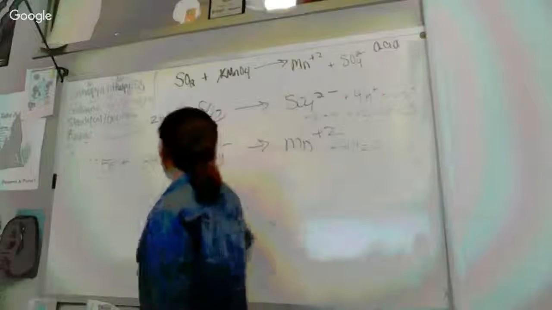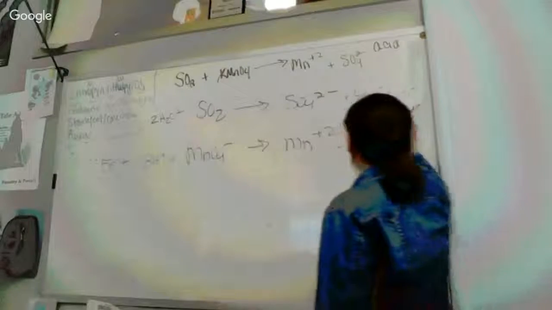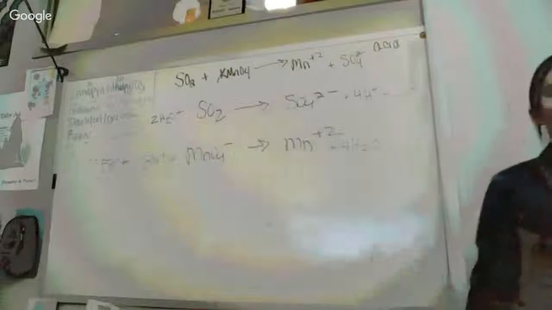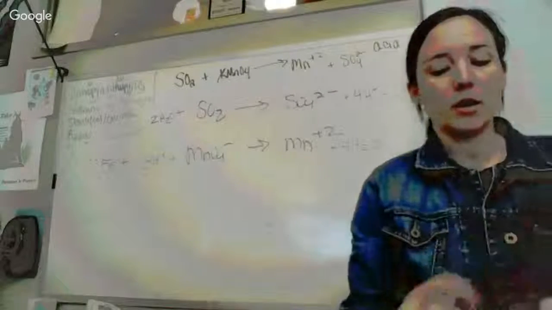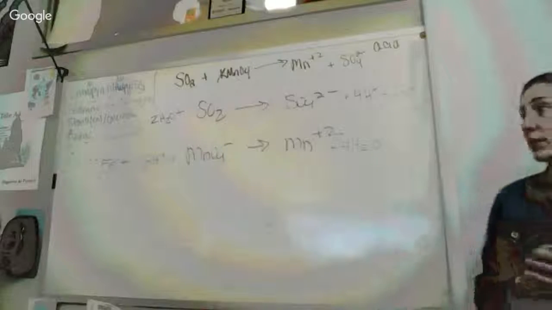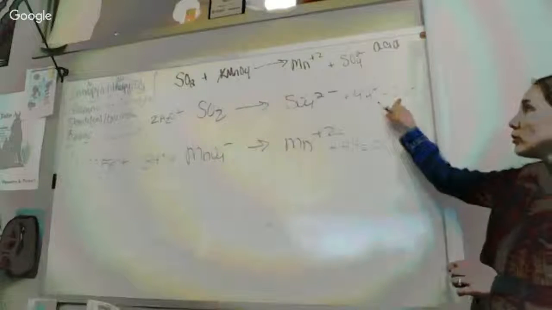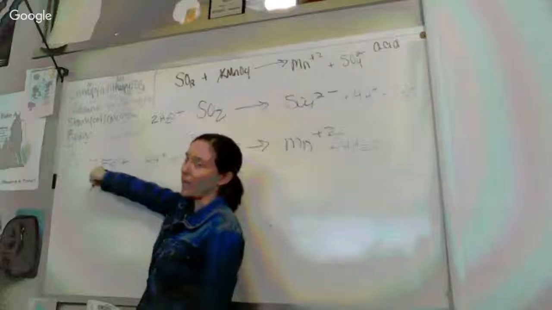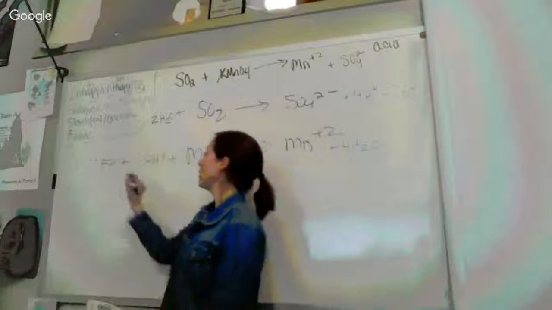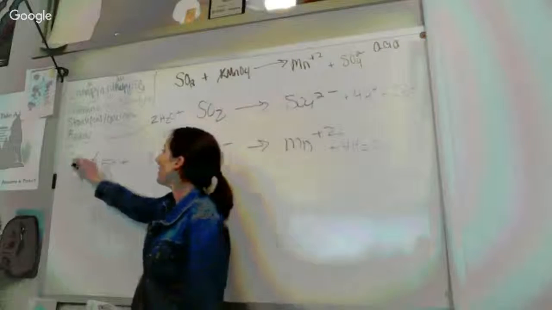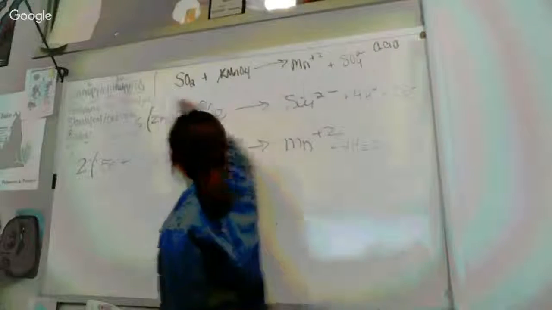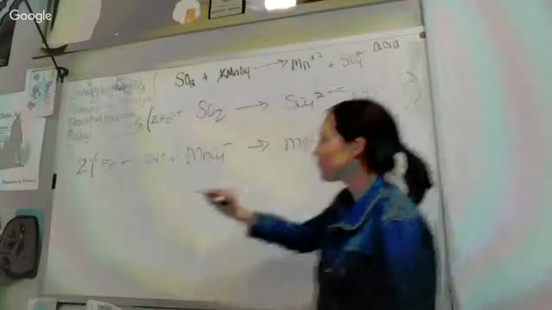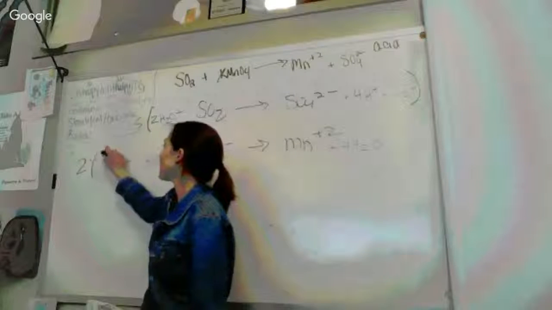So now that my 2 half reactions are each individually balanced, I need to start putting them together. And so I need to make my electrons match. So on the top, I've got 2 electrons that are being lost. And then down here, I have 2 electrons that are being gained. Obviously, that's an issue. So we're going to double this bottom reaction and multiply this top one by 5. So this becomes 10 electrons.